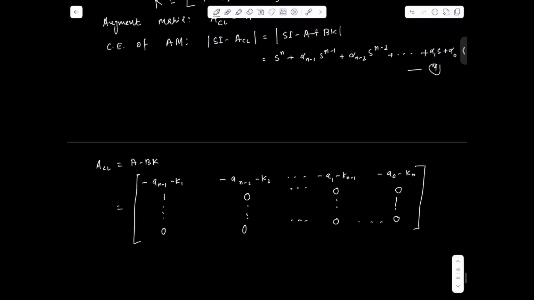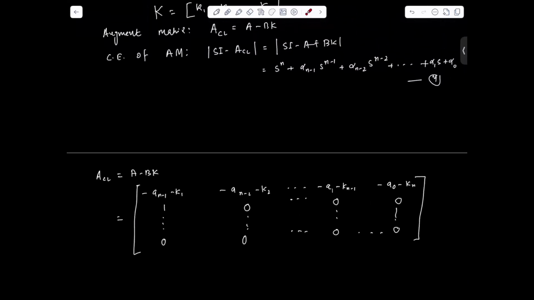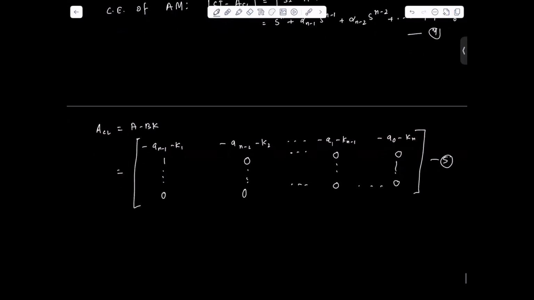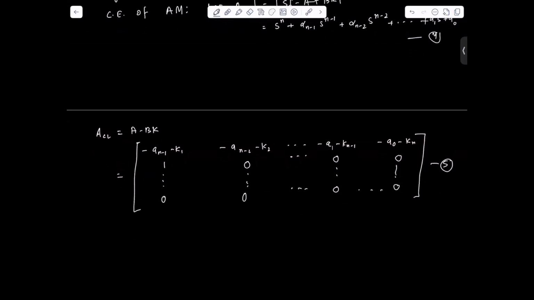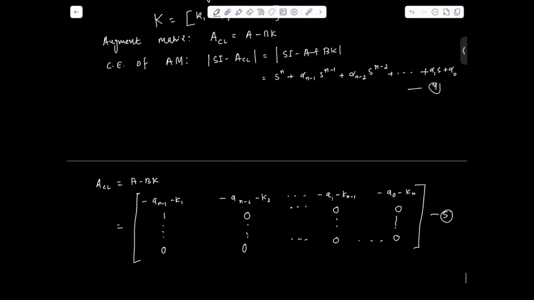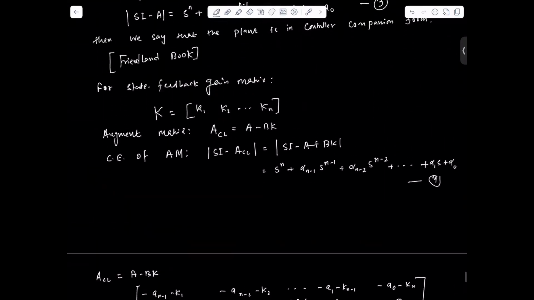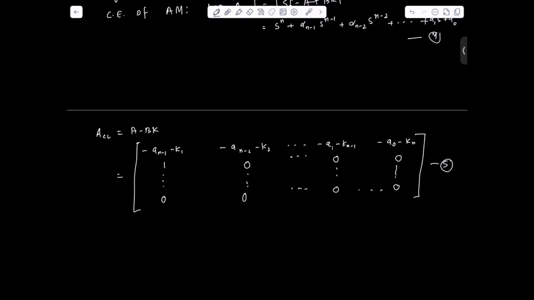If you notice, the closed loop system is also in companion form, this A minus BK. Let us write this as equation number 5. Now, if both are in companion form, we can compare equation 5 and equation 4, and we can come up with the coefficients of the s's.